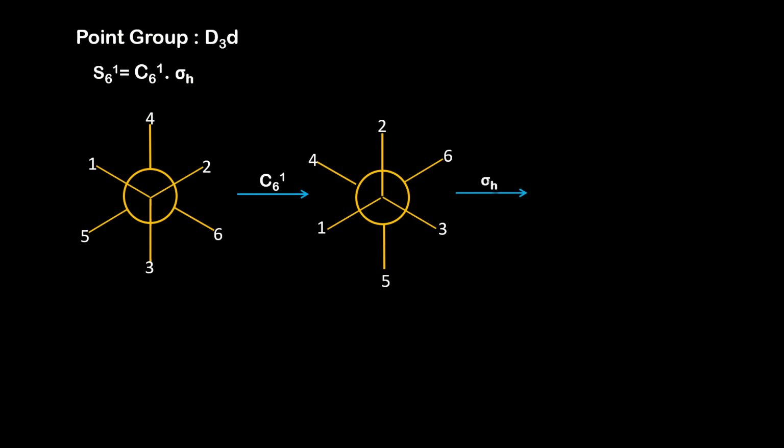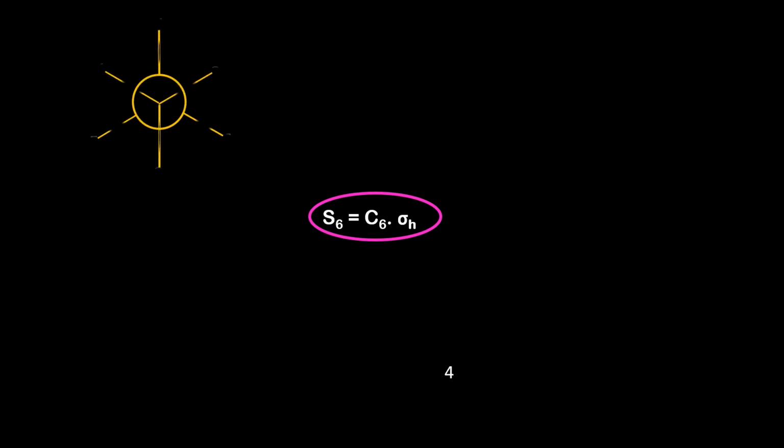Next we apply sigma h. Here also the front carbon becomes rear and the rear carbon becomes front, and we get this orientation. Now we will apply successive improper rotational axis operations to the staggered ethane molecule. S6 is equal to C6 into sigma h.